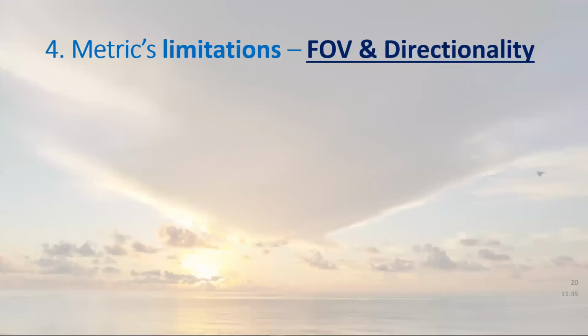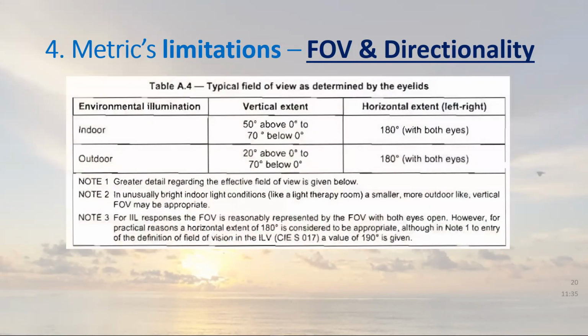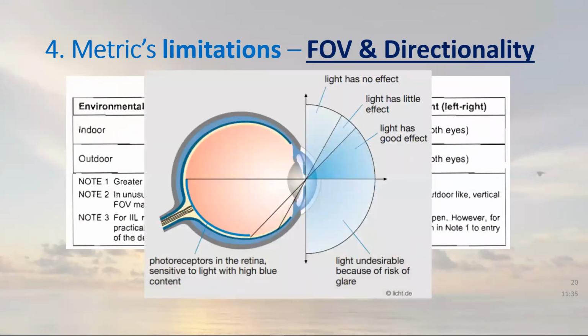So going into the metrics limitations, the main ones are field of view and directionality. Directionality is still a very important one that is described in the CIE documents. Basically, it says that the angle of incidence of light in the retina, here at the bottom side of the retina, means that the light that has more effect for melanopic is the one that goes from 0 to around 45 degrees.